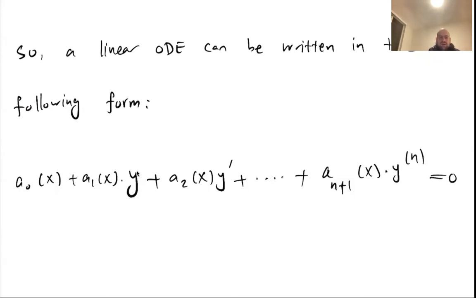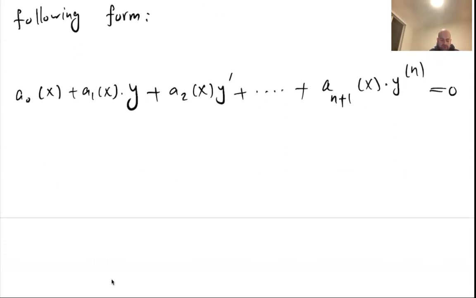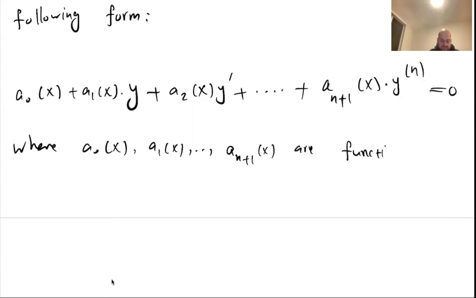So it has to be linear in y, linear in y prime, linear in y double prime, all the way to linear in the nth derivative, where a1 of x, all the way to a n plus 1 of x, are functions of x.